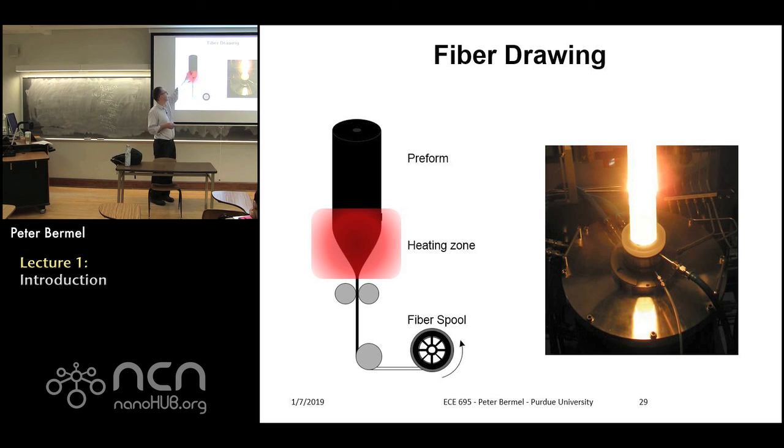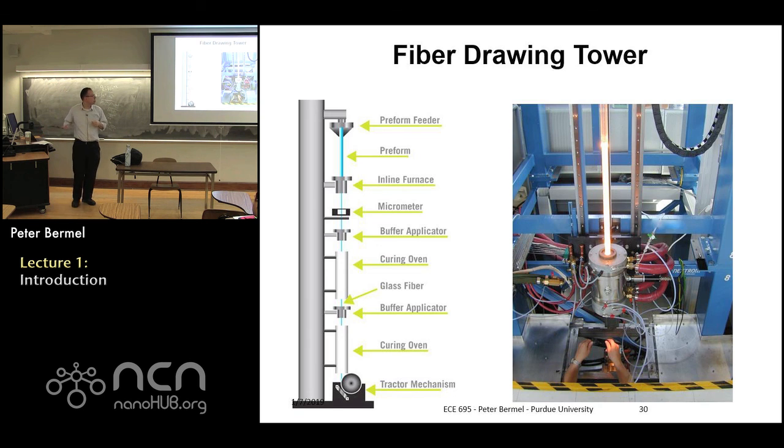And so this is how you go from something that's easy to make to something that's actually useful for a lot of these applications. This is showing you in more detail what all the steps of the fiber drawing tower involve. Of course, you have to take that preform, feed it in, and draw it down into the inline furnace.